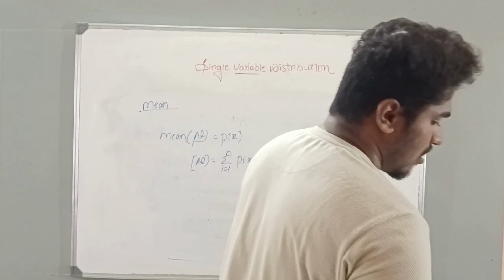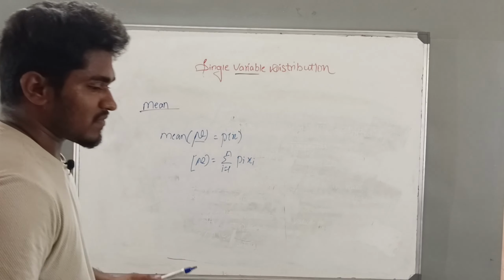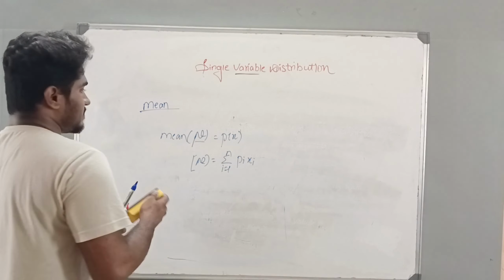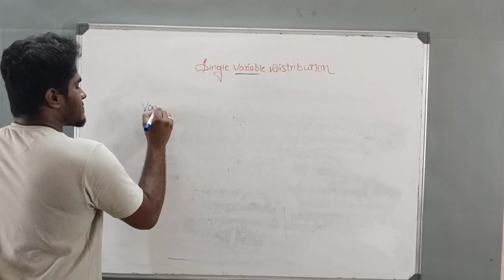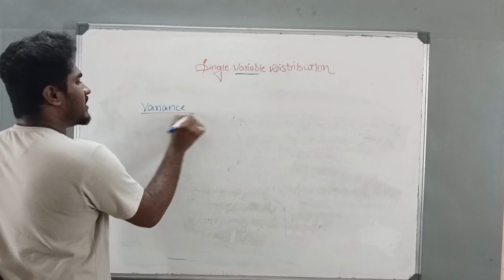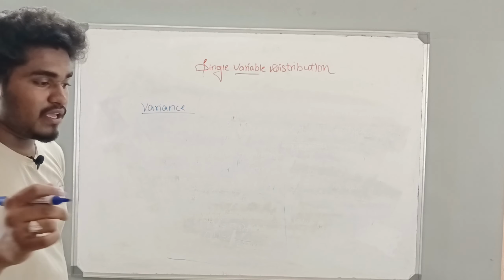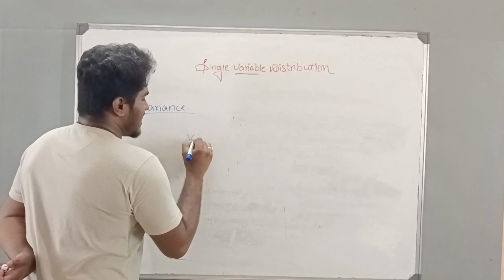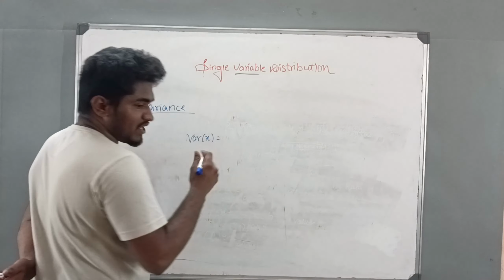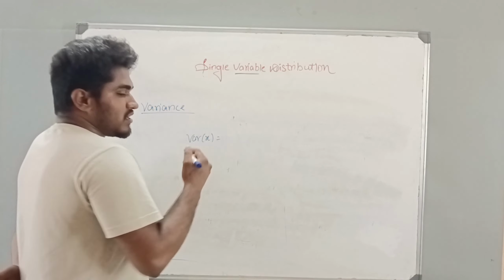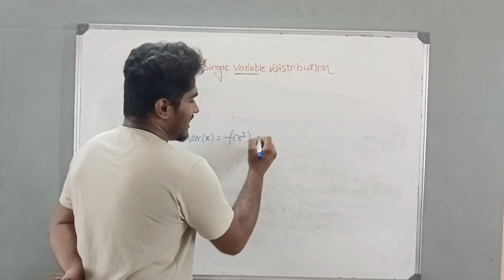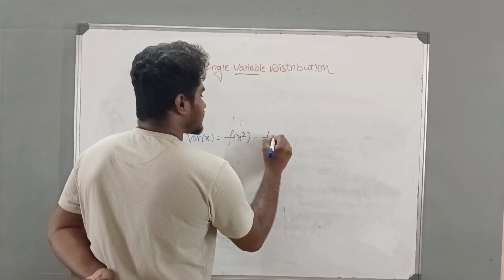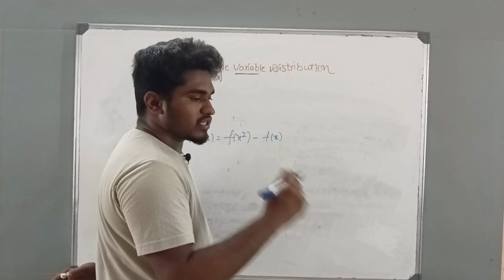Then we will see what variance is. Variance of any particular data which is given is computed as variance of x equals E of x square minus E of x whole square.